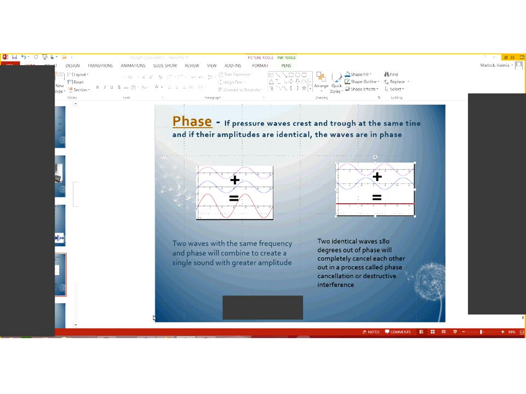And we're going to talk about that in just a minute. But that analogy was using the same exact frequency. So that would be 2 hertz being played at the same time. You would still have the resulting sound be 2 hertz, but just greater in amplitude.